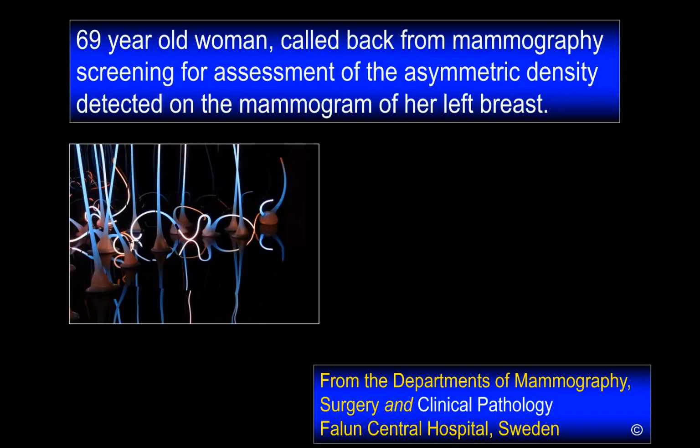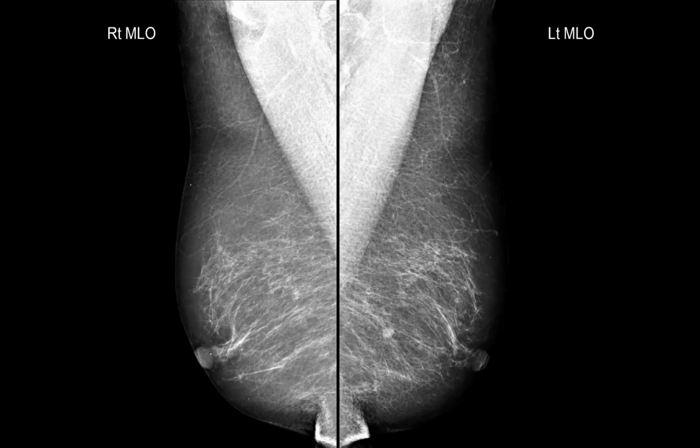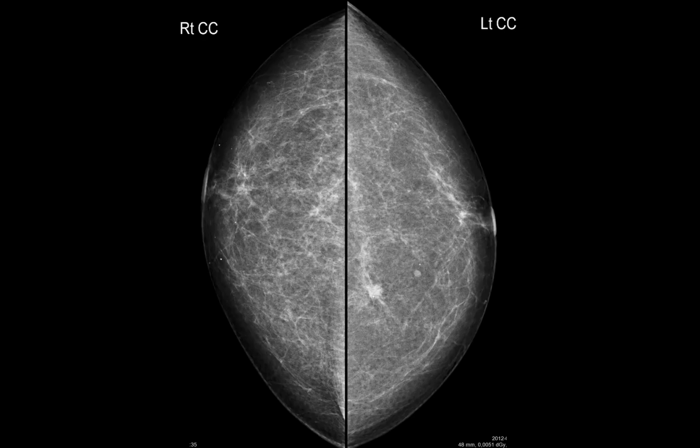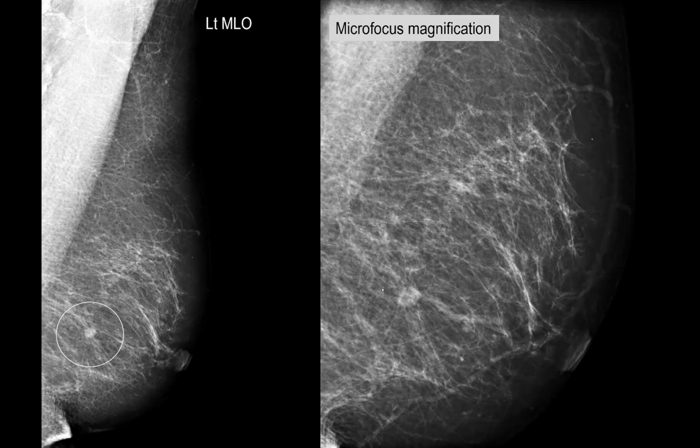Let's practice. 69. She's asymptomatic. Comes to mammography screening. Piece of cake. Stop me when you see something. Asymmetric density. Yes. But that's not enough. I'm going to call her back, and I magnify it, and I'm saying it's not only asymmetric density, but it's non-specific.